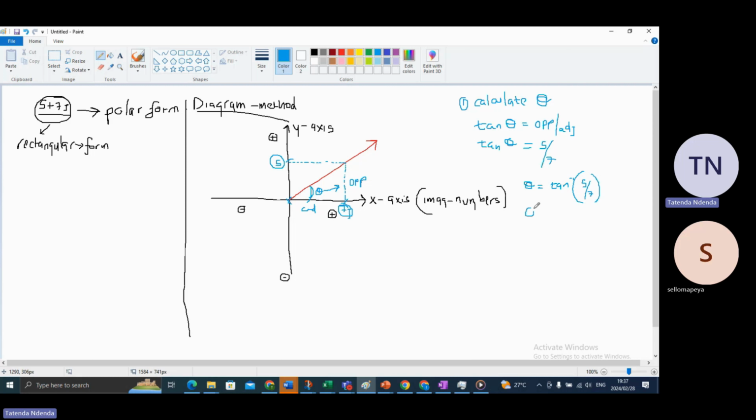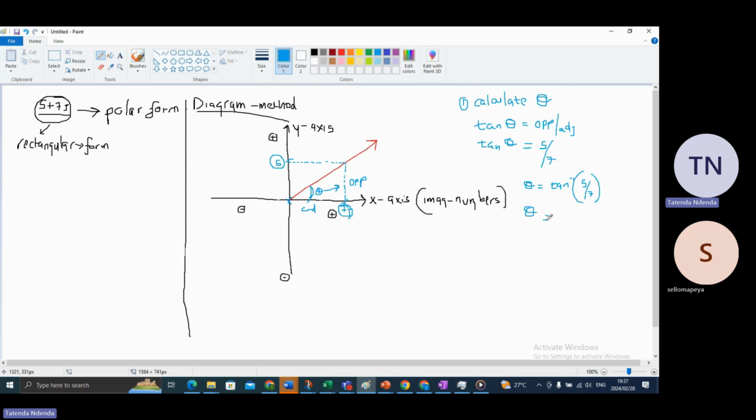Meaning that now our theta, if you punch it into the calculator, I still remember showing you guys how to do that with the calculator. So we're going to say 5 divided by 7, then second function, tan.